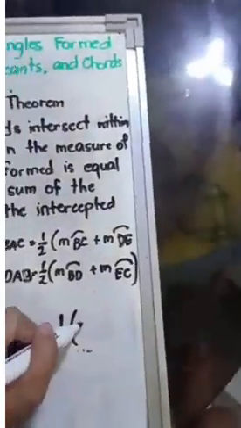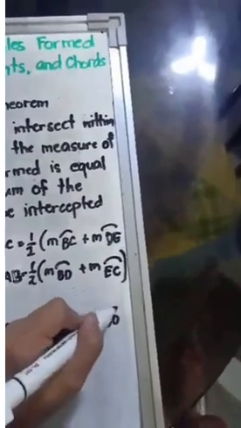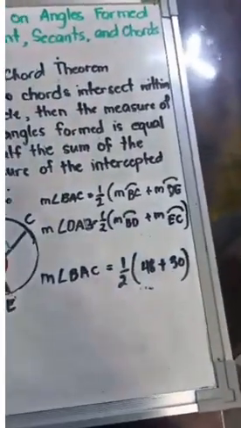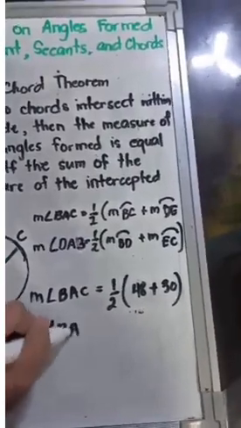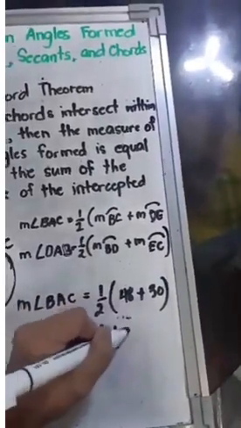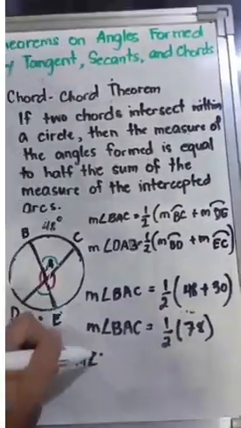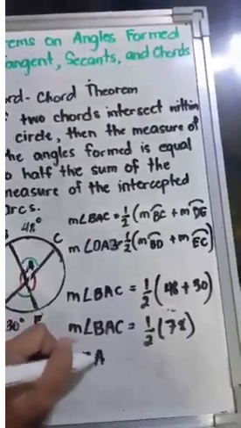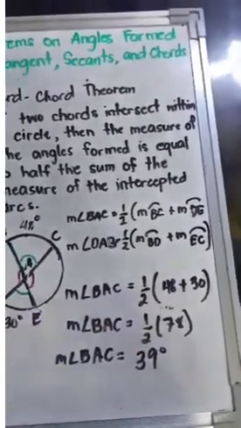BC is 48 plus 30. So, the measure of angle BAC is equal to half of 78, and therefore, the measure of angle BAC is 39 degrees.